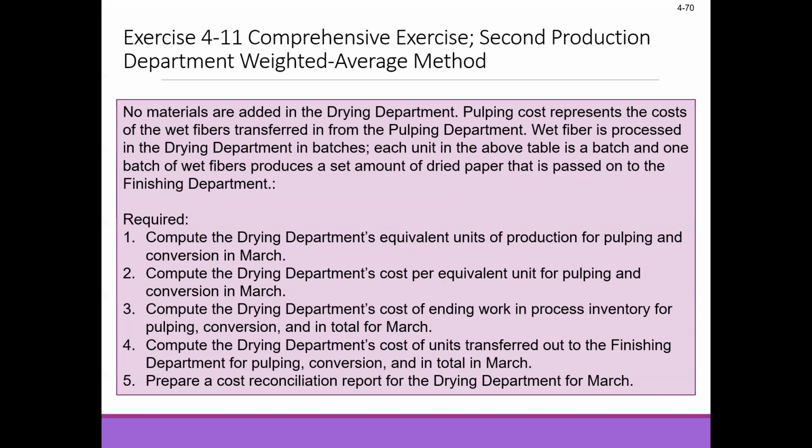We'll compute the drying department's cost of units transferred out to the finishing department for pulping, conversion, and total. And then we'll prepare a reconciliation report for the drying department. We're doing it all here.